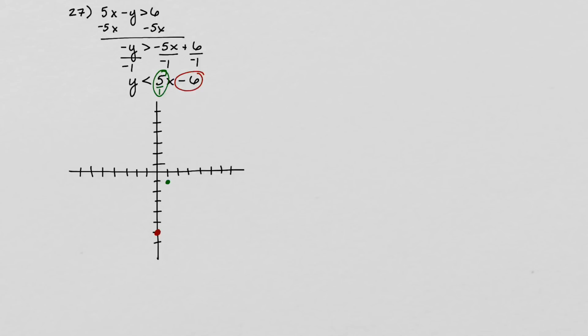So there's a couple notes for inequalities. If you have a less than or a greater than symbol, you're going to make a dashed line. And if you have a less than or equal to or greater than or equal to, that's when you would make a solid line. So we have a less than sign, which means we're going to have a dashed line.